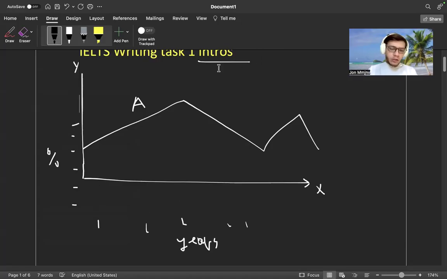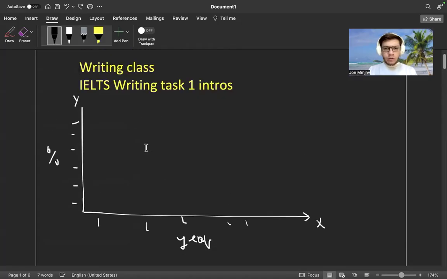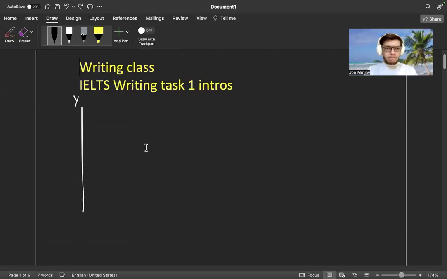So a couple of rules that you need to know. In task one, we have certain grammatical rules that you need to follow, that conform with standard English. First of all, if you see the percentage of, you need to write the proportion of.